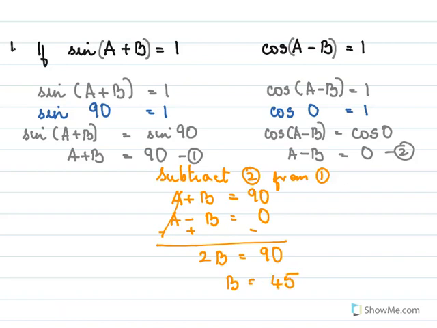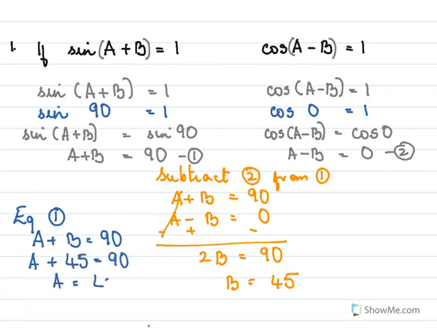Now if I want to find my a, I substitute in any one equation. See, I substitute in equation 1. So I have a plus b equal to 90. Your b is 45, so a plus 45 equal to 90. So a will be 45. So a is 45 and b is also 45.